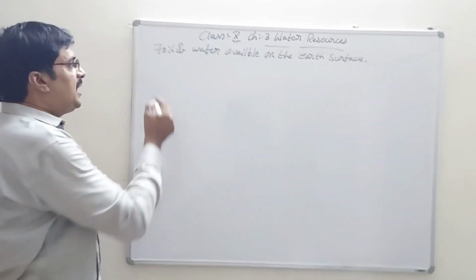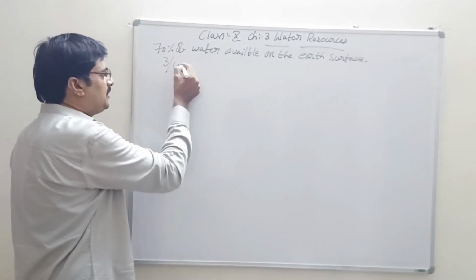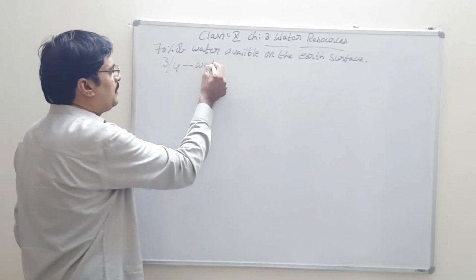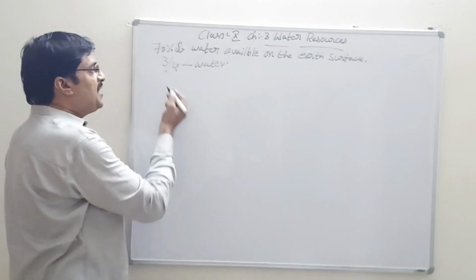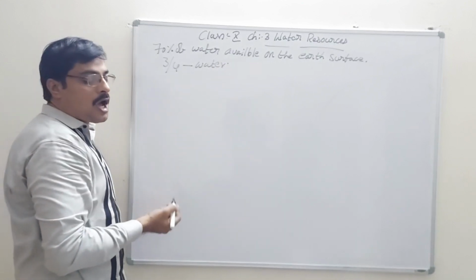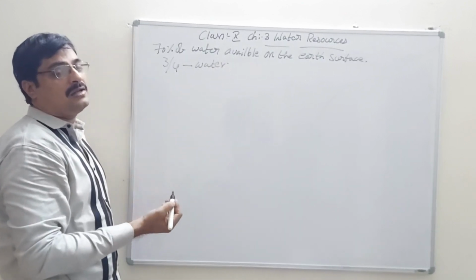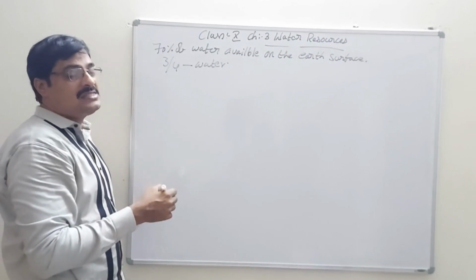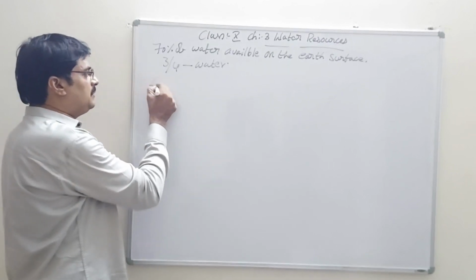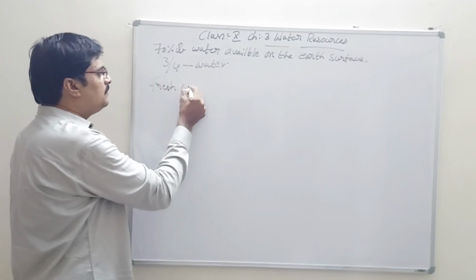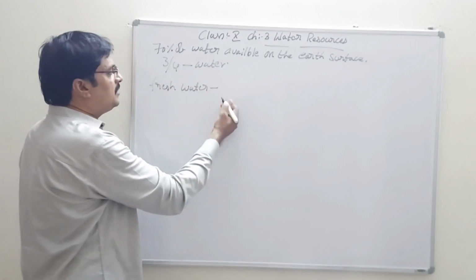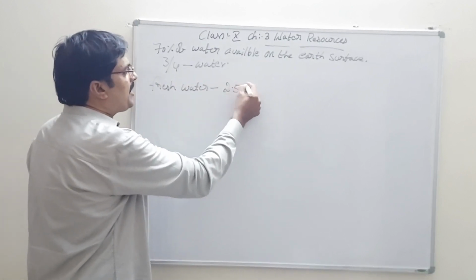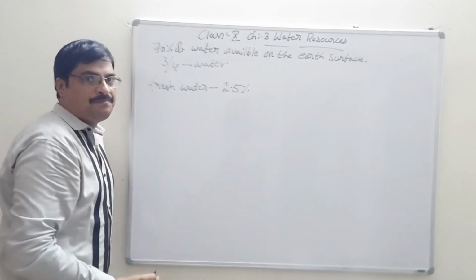That means 3/4th of the earth's surface. In that 3/4th, how much can we use, that means how much fresh water is available on the earth? Only 2.5%.